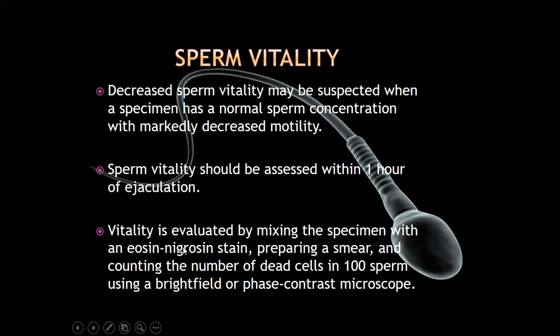Whereas if your specimen contains dead sperm cells, the eosin nigrosin stain would penetrate through the entire cell, giving us a positive result of orange or red coloration. So these are actually dead sperm cells.